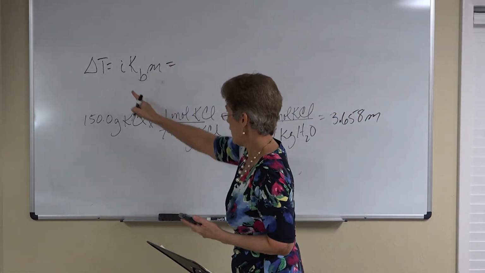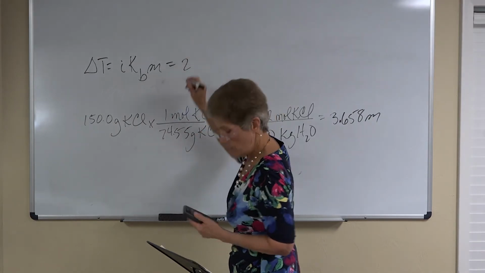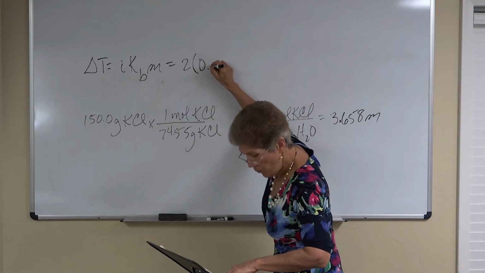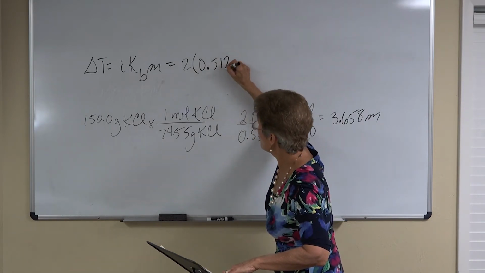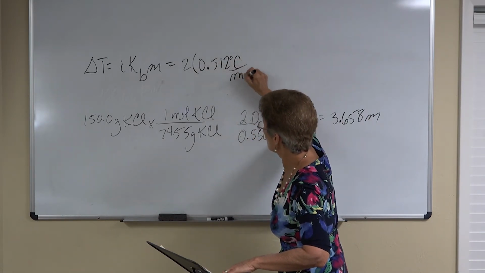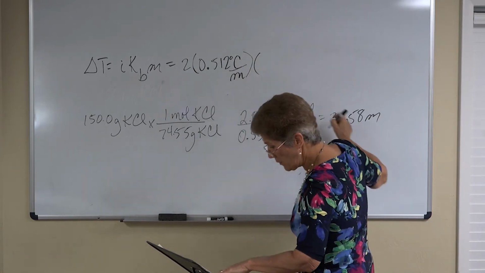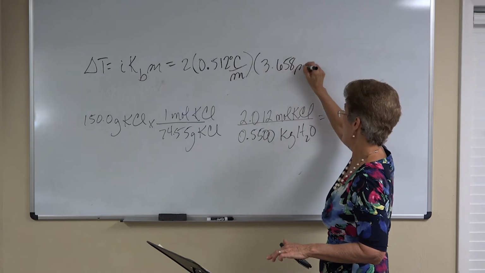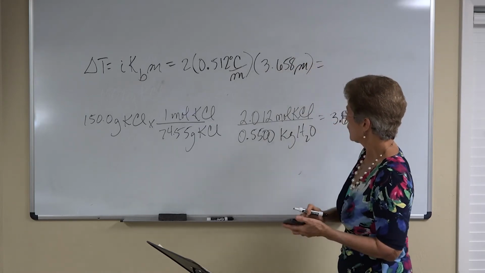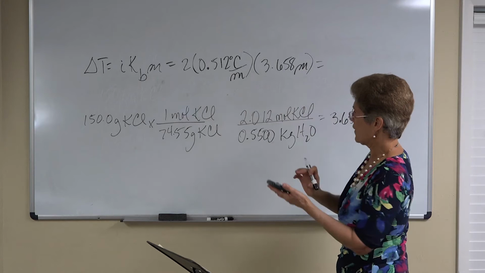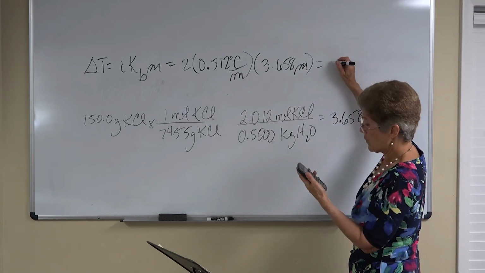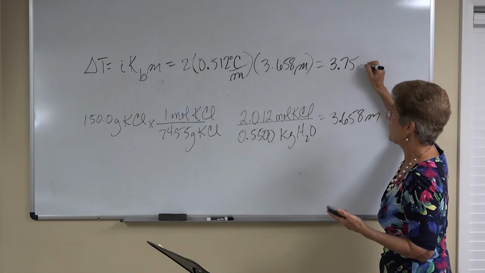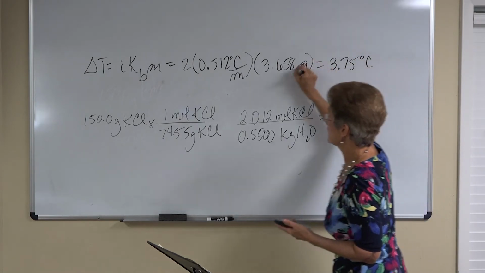So here the i is still 2. The Kb is 0.512 degrees Celsius per molal. And the molality we calculated as 3.658 molal. So we have 3 significant figures limiting us. My answer, the change in temperature, is 3.745. So I'm going to say 3.75 degrees Celsius because this will cancel.